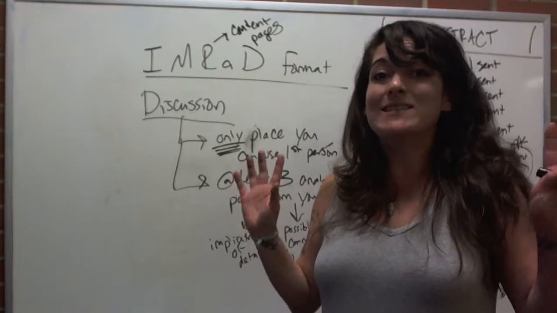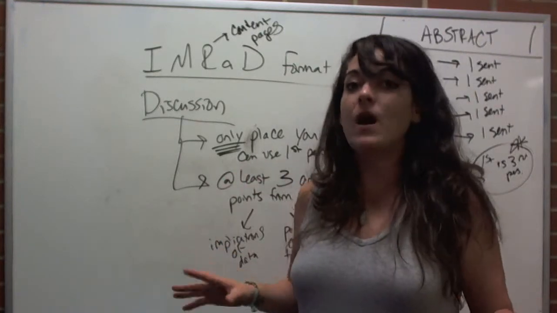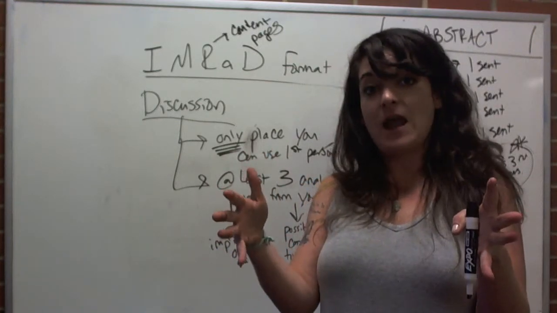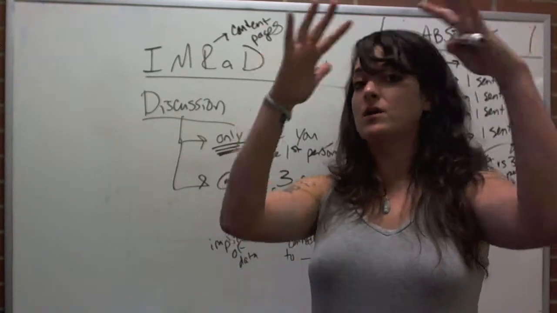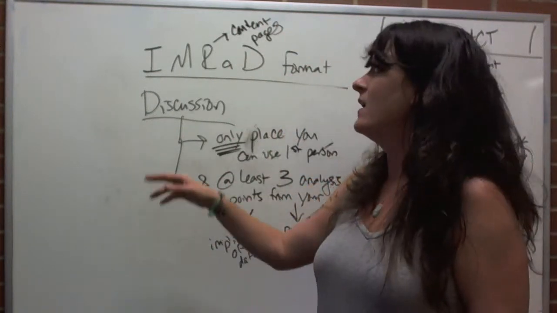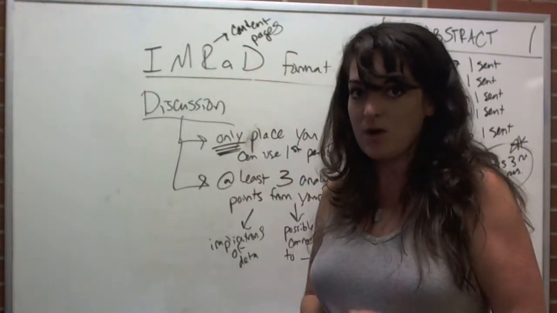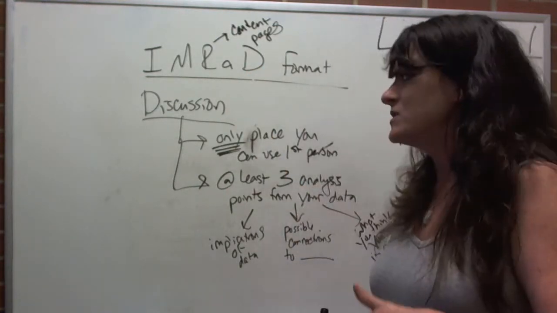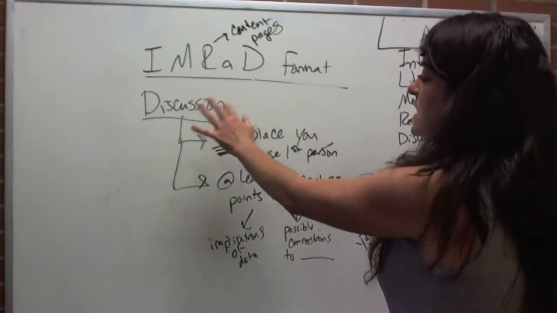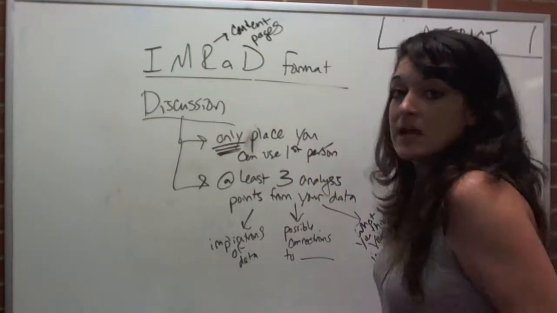Moving on to results. Data is data. You do not present the data and then say, and this is what it means, in a results section. Results is just pure, unadulterated data. The discussion section is where you say, and this is what I think it means. So discussion is the only place you can use first person, and you should.